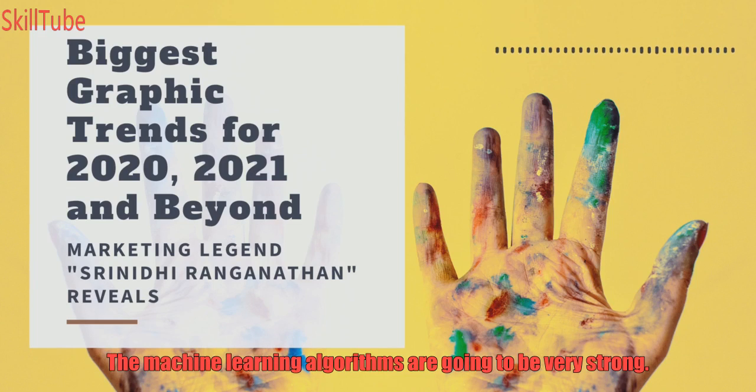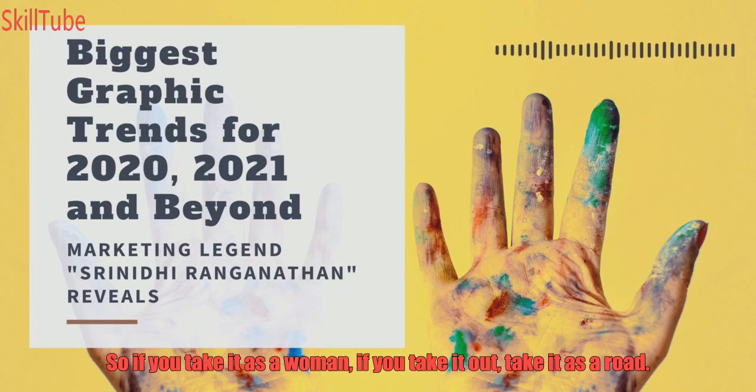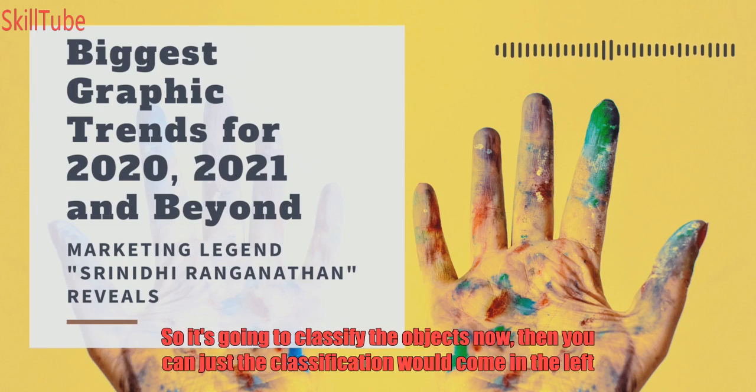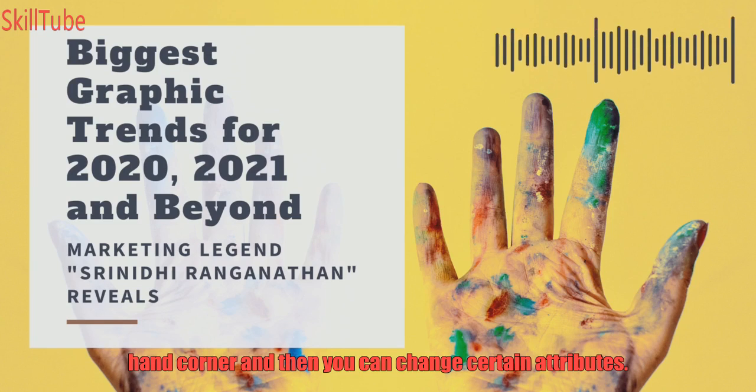The machine learning algorithms are going to be very strong. Once it draws an image, it's going to classify that object or that character. So if you take it as a woman, if you take it as a road, it's going to classify the objects. Then the classification would come in the left hand corner, and you can change certain attributes.